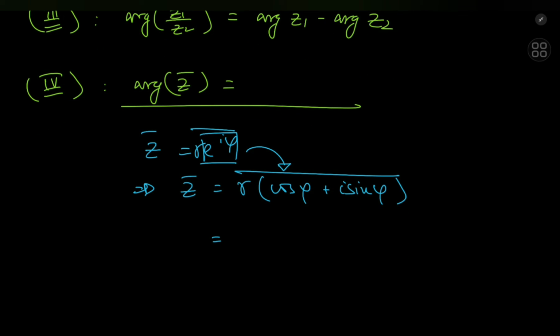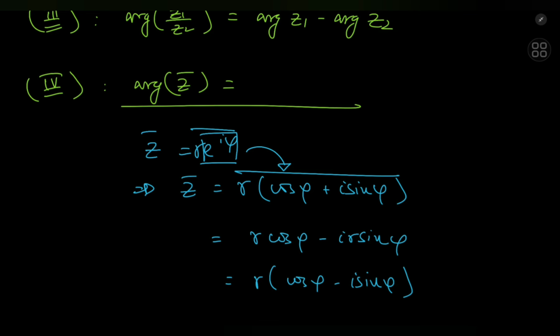And the conjugate operator just changes the sign of the imaginary part, right? So that means you now have r times the cosine of phi minus i times r times the sine of phi. And again, you can just factor out the r, so you have r times the cosine of phi minus i times the sine of phi.